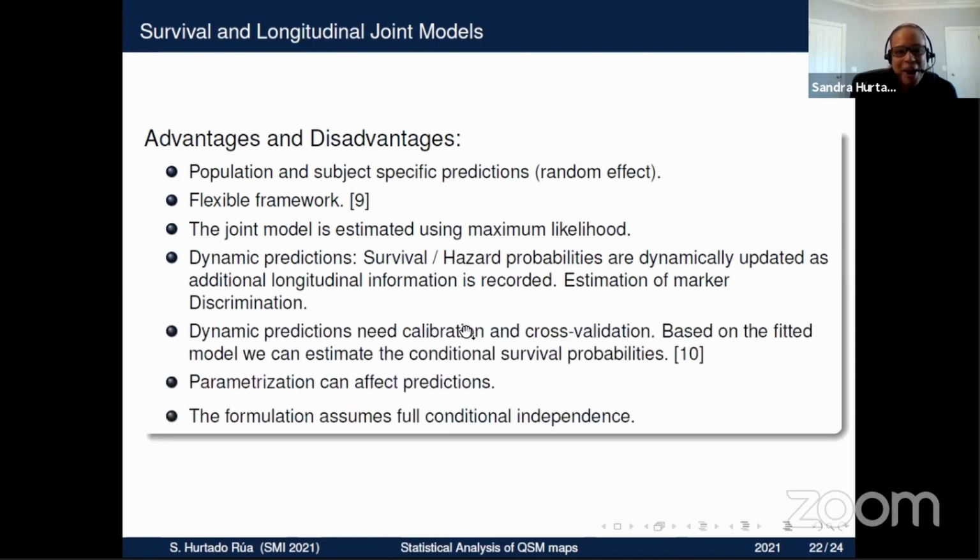But the problem with these models is that they need a lot of prediction and cross-validation. The parameterization is extremely important, so you have to be careful with it. And the model assumes full conditional independence for the estimation. Those are some of the disadvantages.